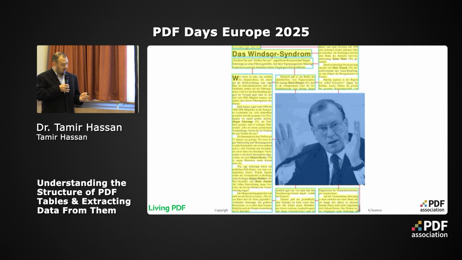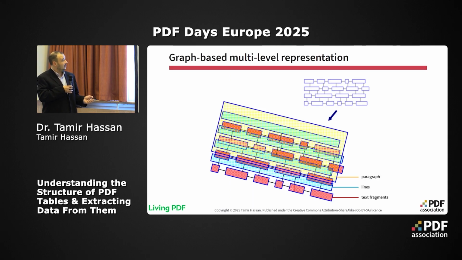And those are the simpler rule-based methods, which we then can represent in a graph-based structure on several levels. So we have the initial fragments at the bottom, following that the lines, and then a whole paragraph of text, and the paragraphs that are neighboring can also be joined into sort of text blocks. So, does that solve the problem?